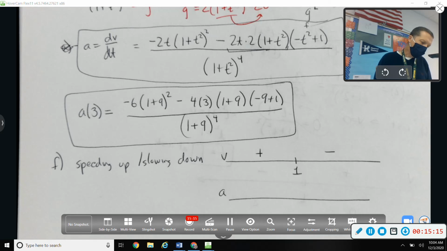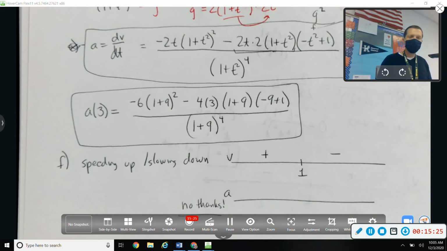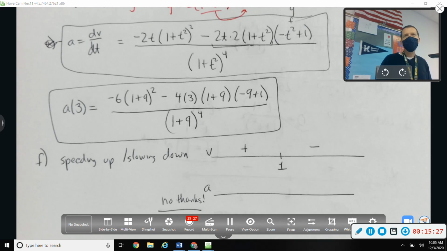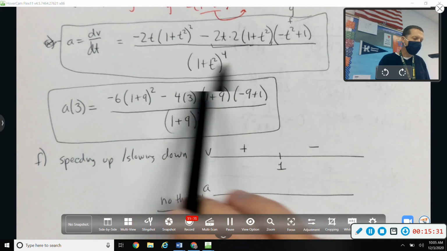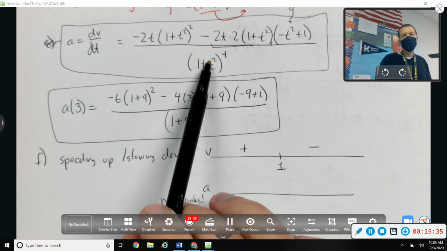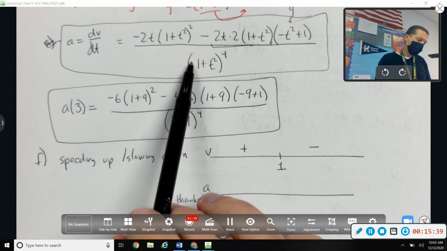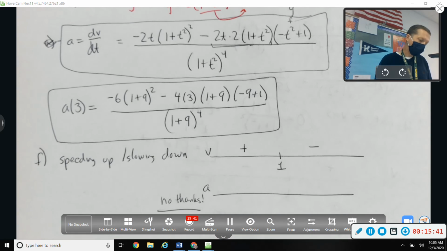We would also need an acceleration number line, which for our purposes I'm going to say no thanks, because that looks terrible. The one on the test is not nearly that bad, because you would have to set this thing equal to 0 to figure out where the velocity was 0, or where the acceleration was 0.